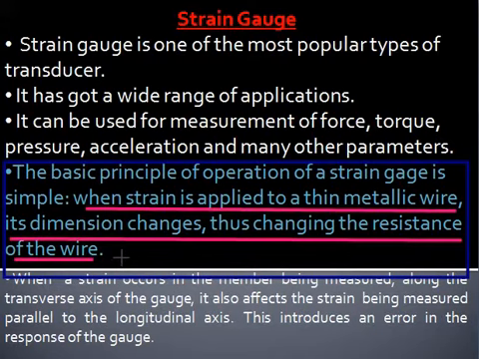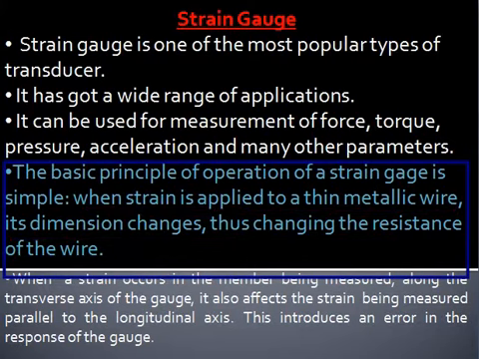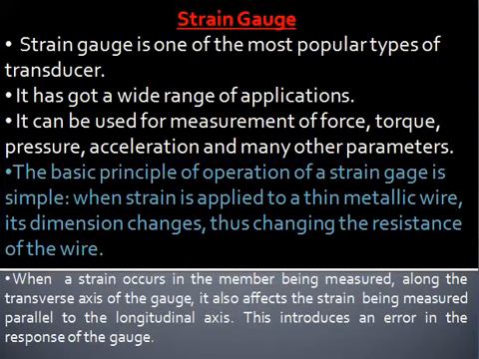Since electrical voltage or current is an electrical parameter that can be easily transmitted to other circuit networks or other instruments for display or recording purposes. So this was the principle of operation of strain gauge.